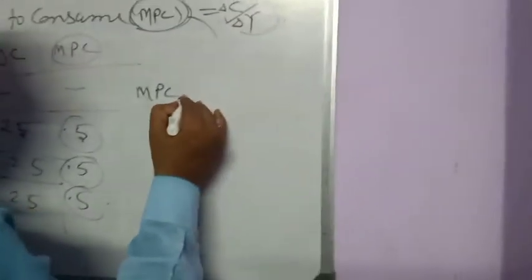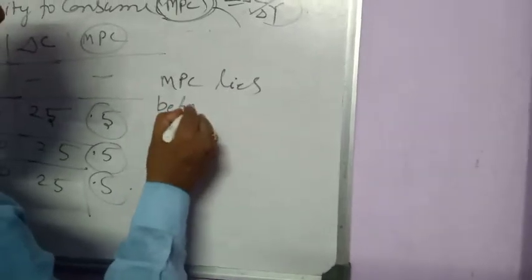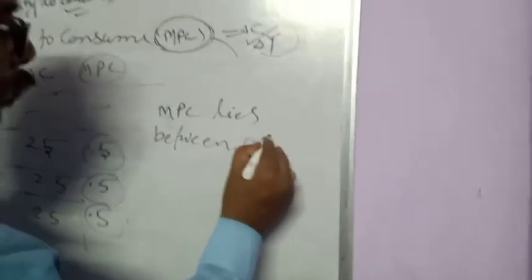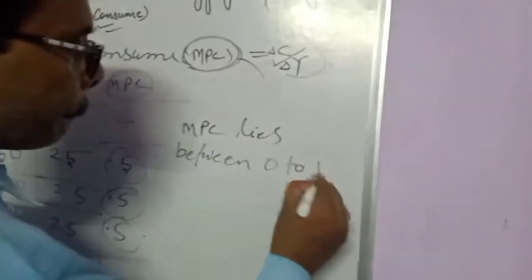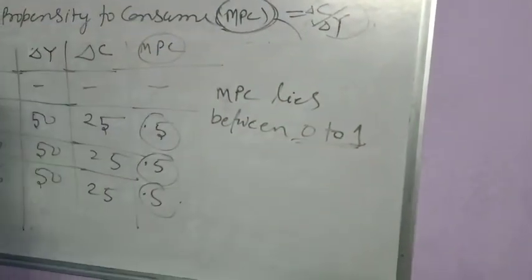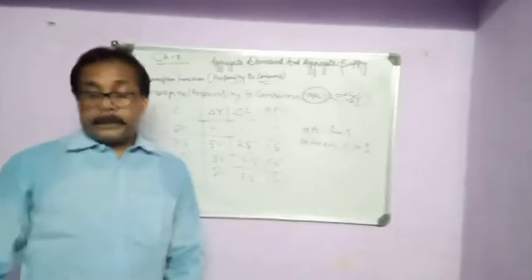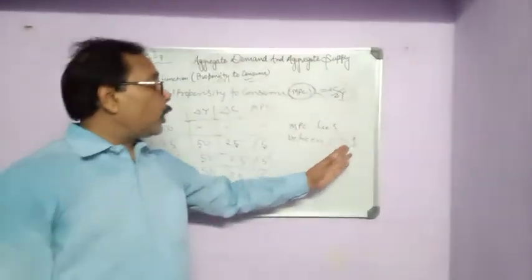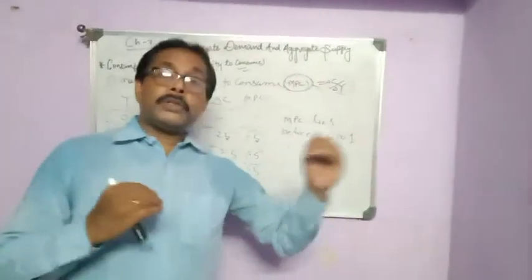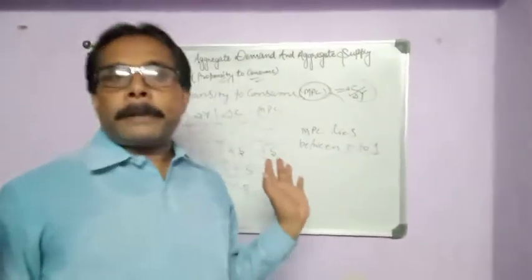MPC lies between 0 and 1. Either its value will be 0 or its value will be 1. Clear? So how can we say that either the value will be 0 or 1, or between 0 and 1? Suppose I am a very rich person.